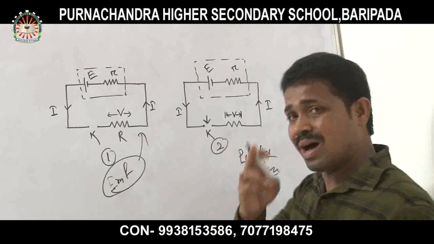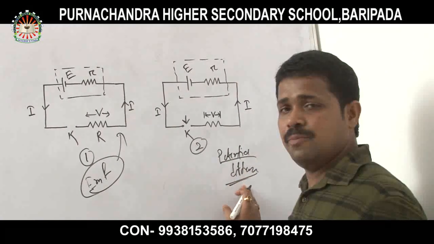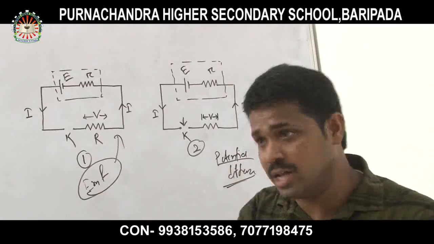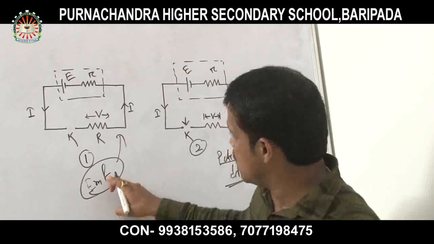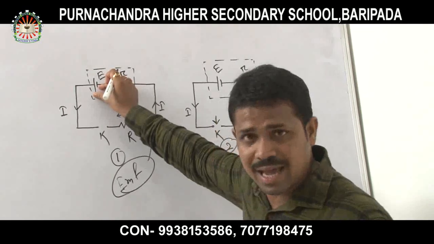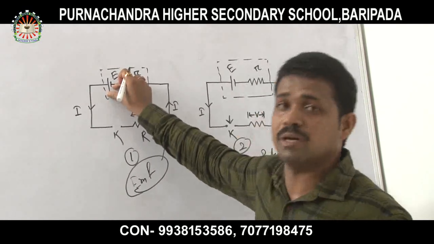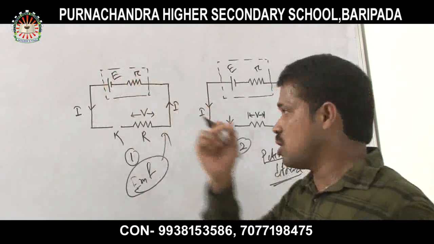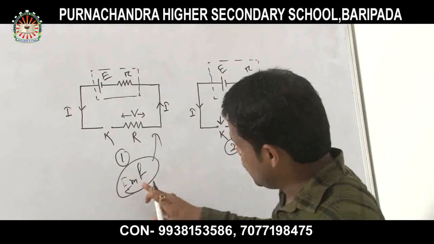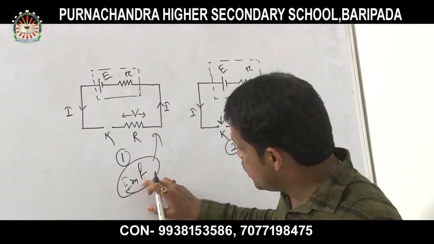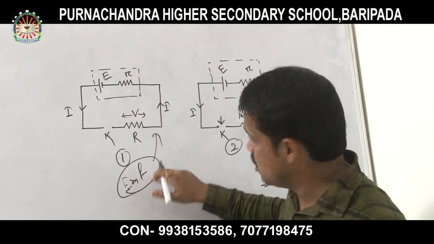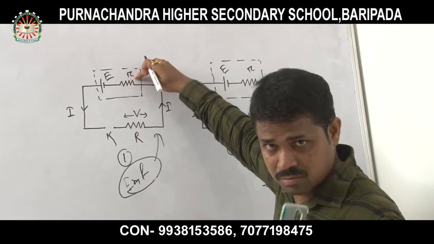Okay. One very important point: the potential difference can be measured at any point in this circuit, whereas the EMF is measured only at the two terminals of the cell. Remember that. Then come to the second point: the EMF, electromotive force, depends upon the internal resistance of the cell.